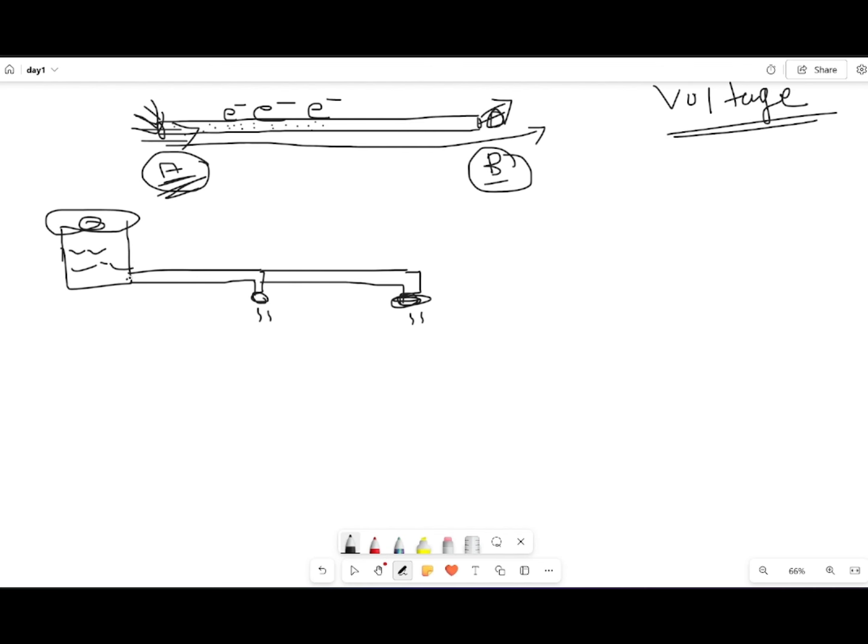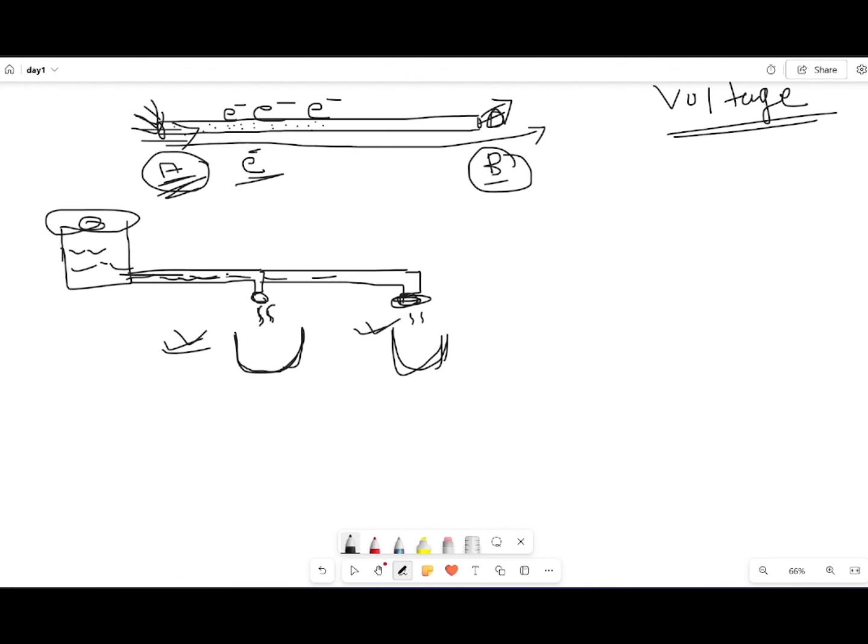And assume this water is flowing here. That flow of water, in electricity, is called current. The electrons are flowing here like the water is flowing here. Clear? And the pressure with which we get water here when we open the tap, and the pressure with which we get water here, both pressures will be different.